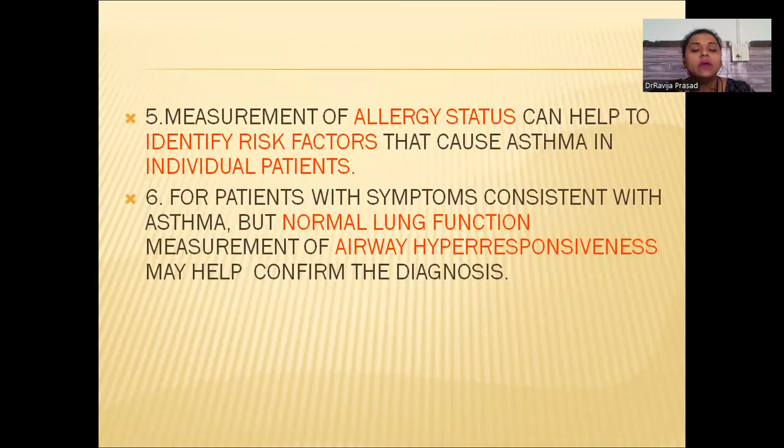The fifth point is that measurement of allergic status can help to identify the risk factors that cause asthma in individual patients. For patients with symptoms consistent with asthma but normal lung function, measurement of airway hyperresponsiveness may help confirm the diagnosis.